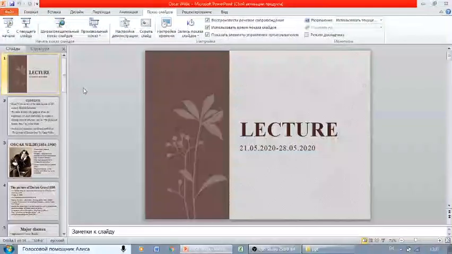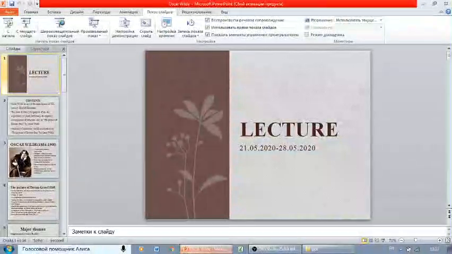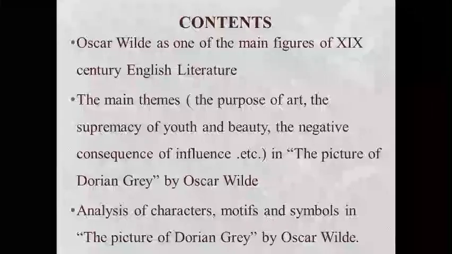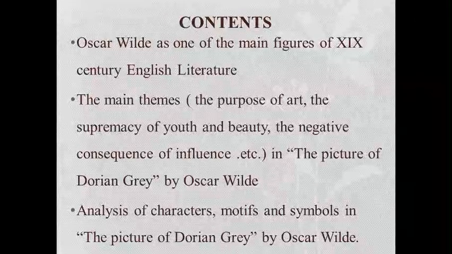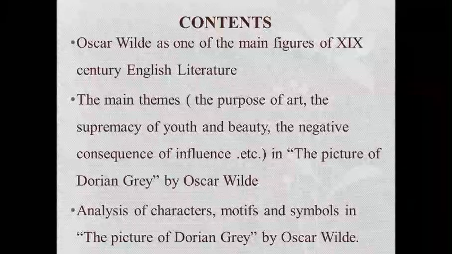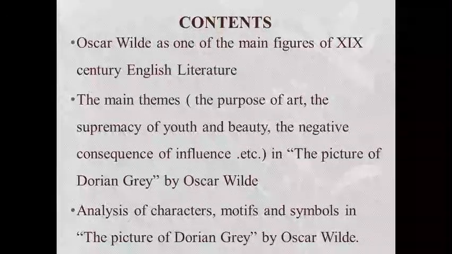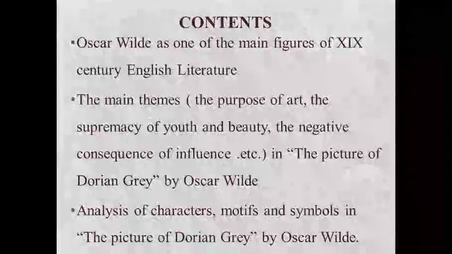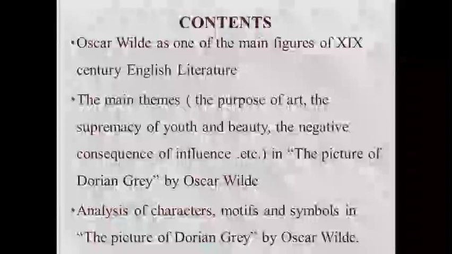So today's lesson is about Oscar Wilde, The Picture of Dorian Gray, and I think that you have heard about him, and maybe you have some information about this novel. It's a really interesting novel, and we have three main contents according to our syllabi. The first one is Oscar Wilde as one of the main figures of 19th century English literature.